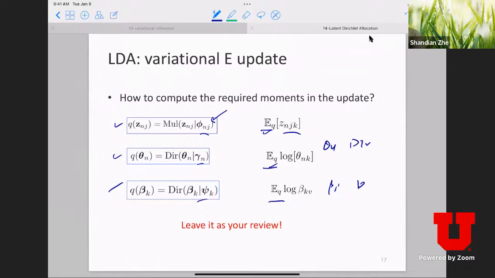So if you want to calculate the expectation of the logarithm of a Dirichlet variable, how do you calculate that? Don't worry, there's a form to calculate that. It involves the gamma function, that is, the derivative of the gamma function, and those things can be checked in any statistics book or Wikipedia. So you don't need to worry about that.